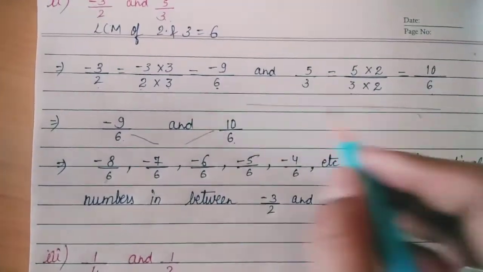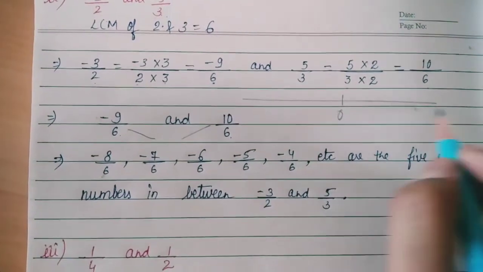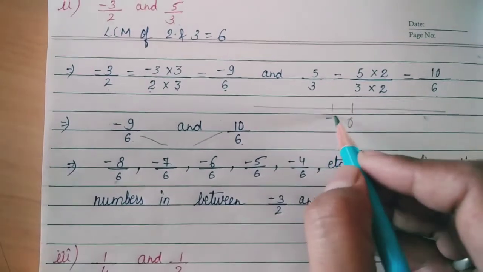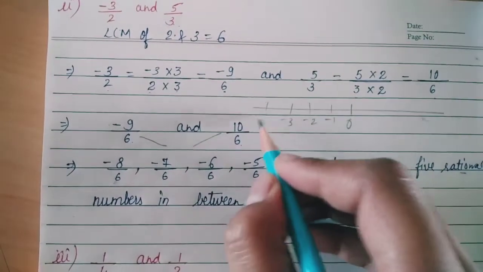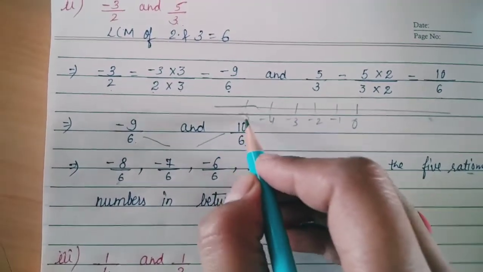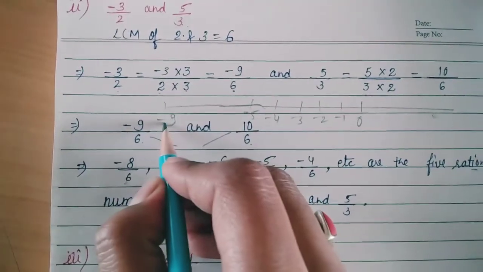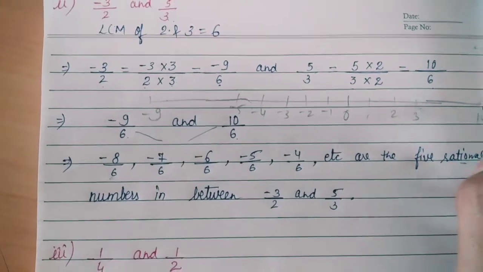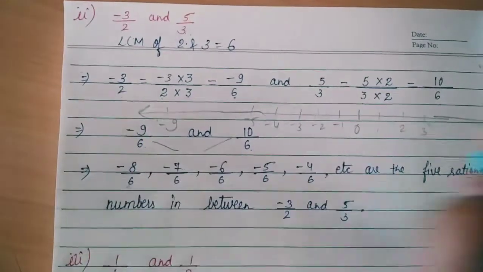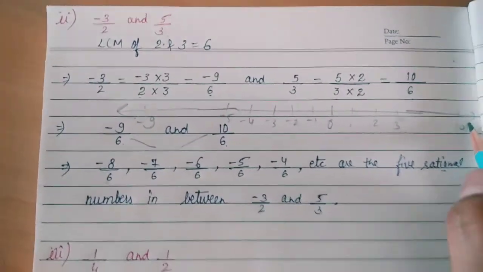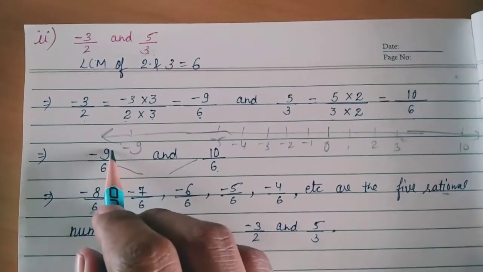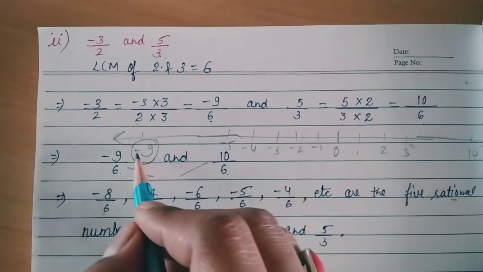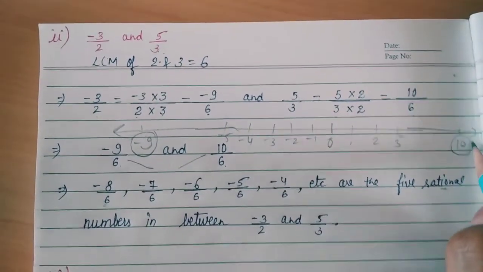In the integer line, we have 0 and all the positive numbers and all the negative numbers. Here we have minus 1, minus 2, minus 3, minus 4, minus 5 and here minus 9, and here we have 1, 2, 3 up to 10, lots of numbers on the positive side as well as on the negative side. We have to write the numbers in between, from minus 9 to minus 10.